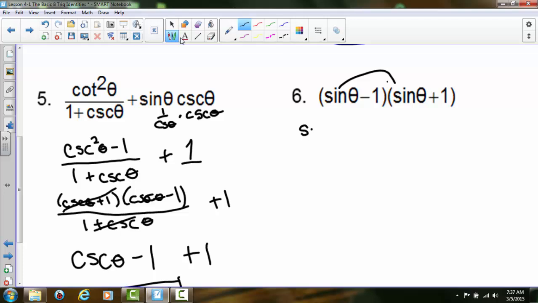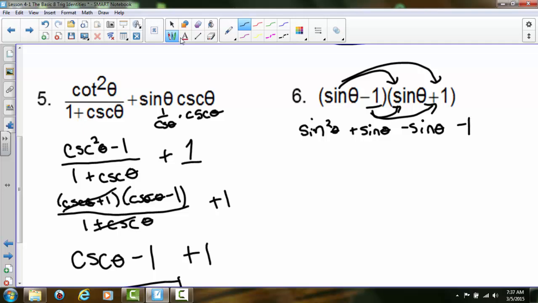I went ahead and multiplied the whole thing together to show myself that, yes, that was indeed what was going to happen. So I went ahead and did my distribution, and I got sine squared theta plus sine theta minus sine theta, and then minus 1. And of course, that's 0, right? Sine theta minus sine theta. So I did indeed get sine squared theta minus 1.